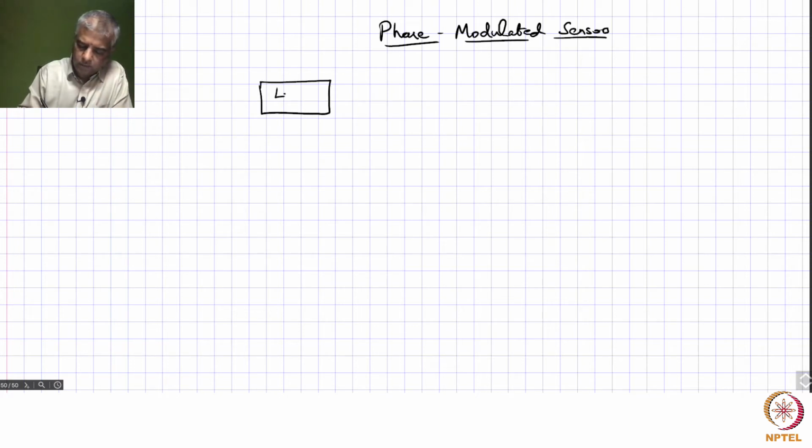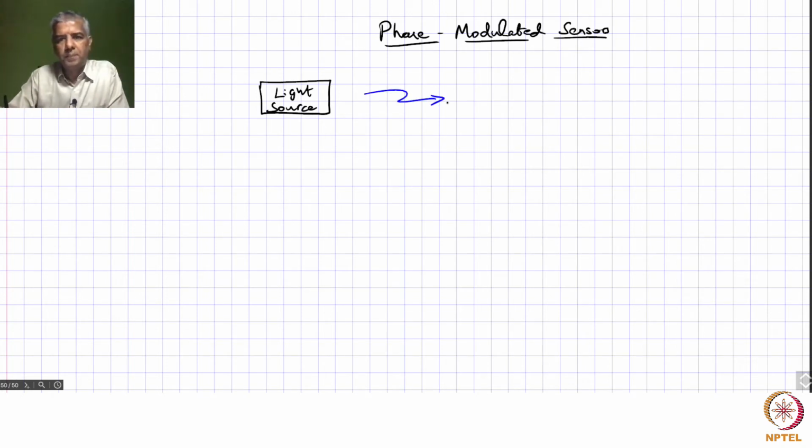You have this light source that is generating some light, which can be expressed in terms of its polarization. Let us say it is propagating along the z direction, and it has a polarized component along the x direction.